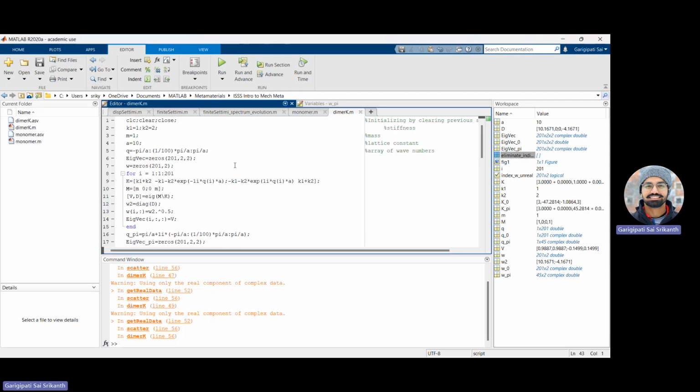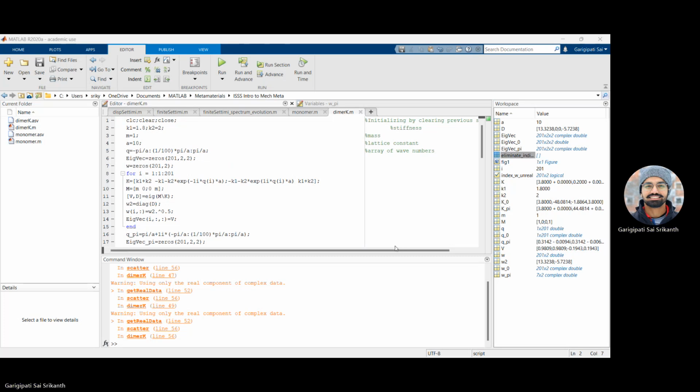Okay, let's just play around. So what happens if K2 and K1 are coming close to 1.8? Ooh, they're close. This band. Oh, okay. I think the screen was not.